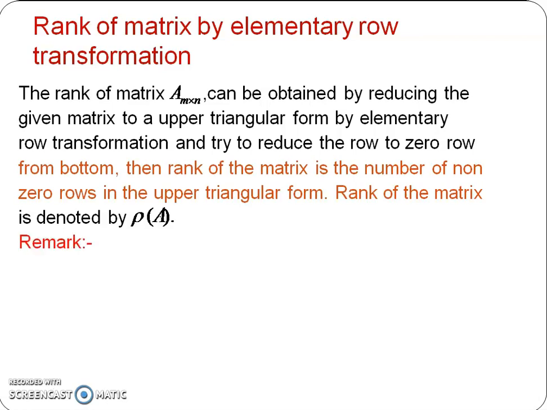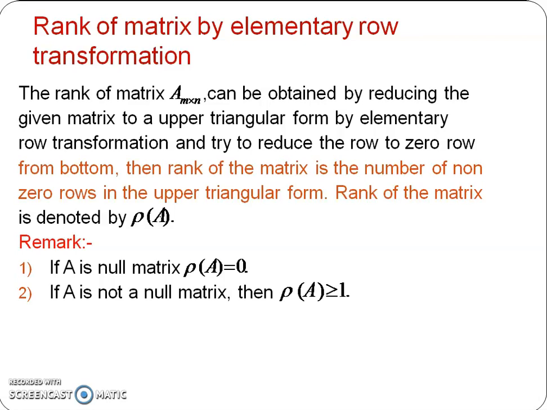Now there are important remarks. The first is, if matrix A is a null matrix, then rank of A is equal to 0. If A is not a null matrix, then rank of A is greater than or equal to 1.